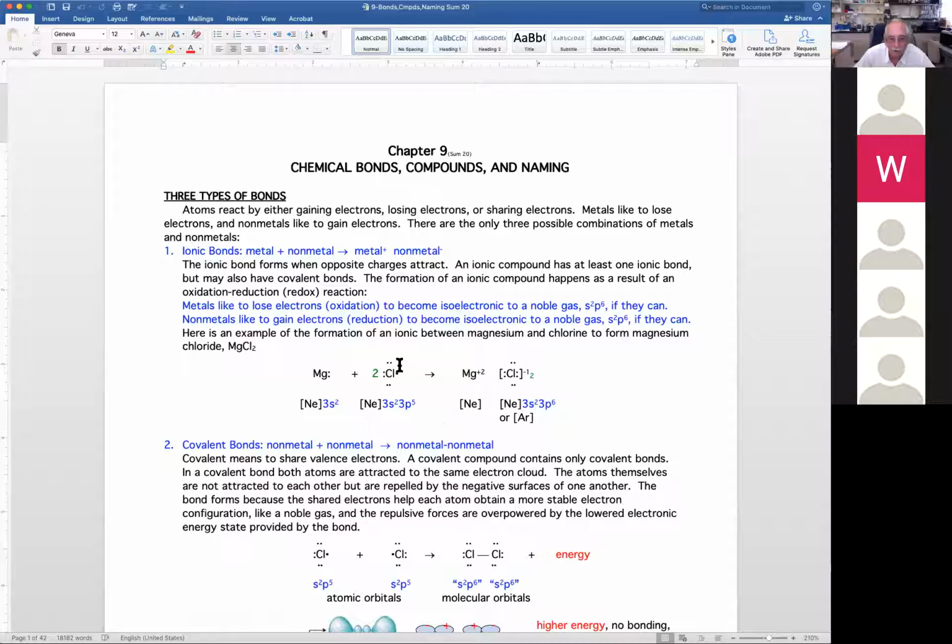Then chlorine is 3s2 3p5. If it gains an electron, it's 3s2 3p6. It becomes isoelectronic to argon. So now the metal ion and the non-metal ion are oppositely charged, so they're attracted to each other because of their opposite charges.